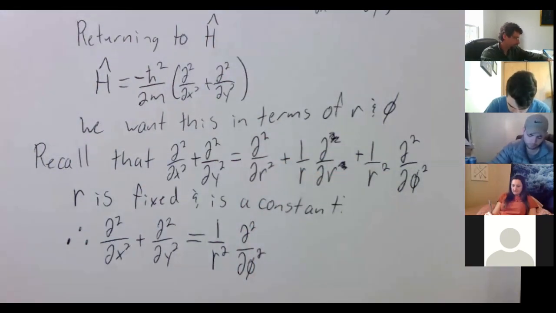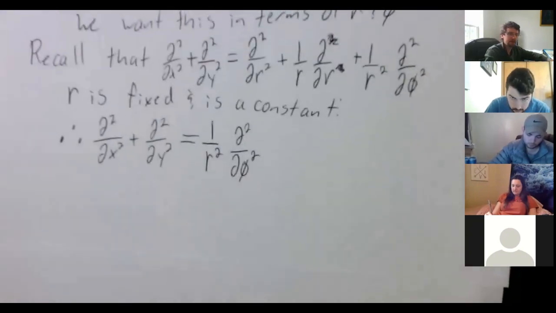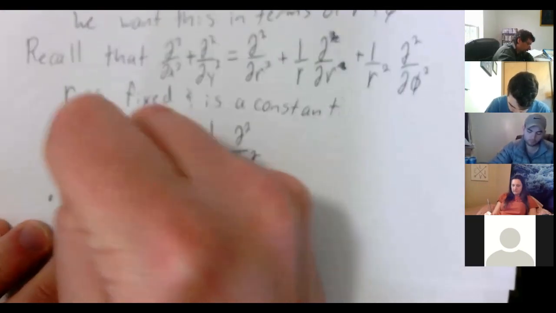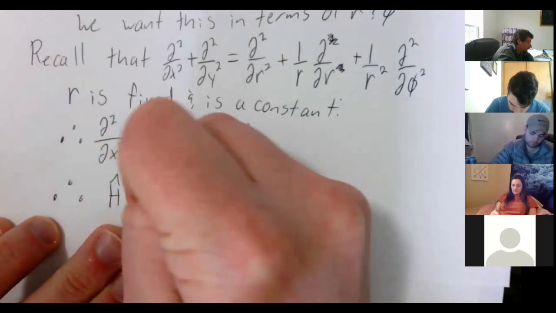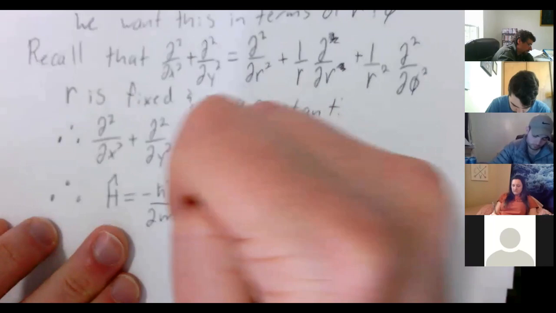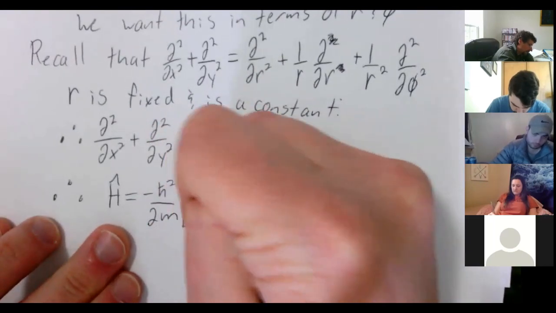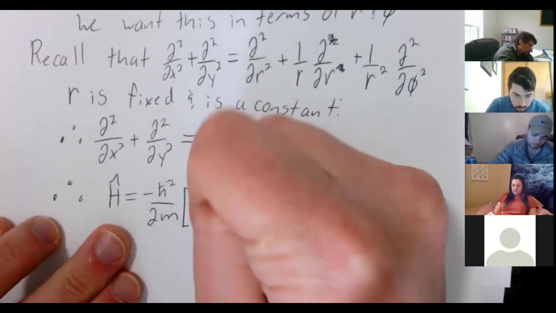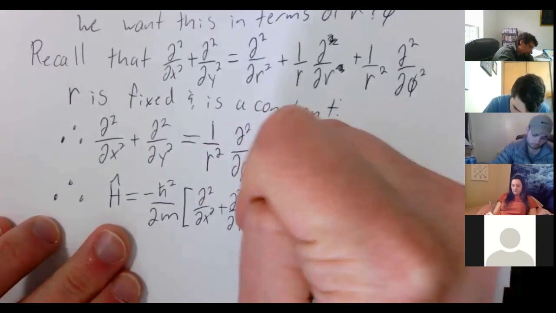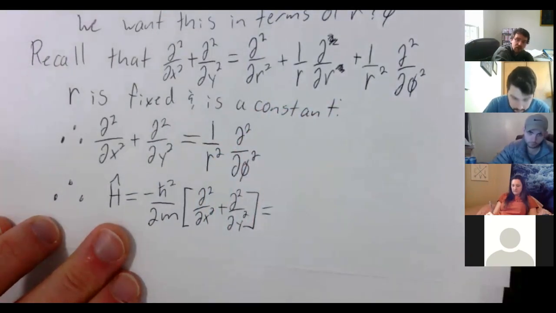Okay. So therefore, our Hamiltonian's going to change. H is equal to negative h bar squared over 2m. We had this previously, but that's going to change a little bit.